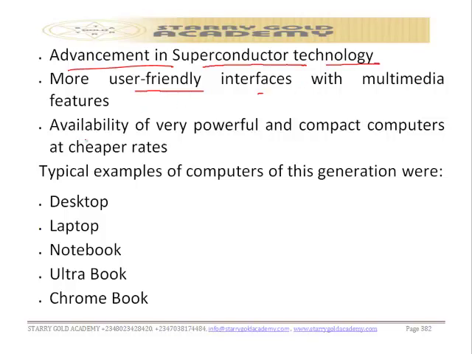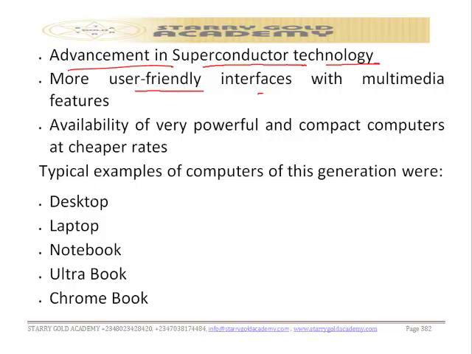Okay, and they have availability of very powerful and compact computers. Okay, they are very powerful and they are cheap. Let me say they are cheaper, okay, compared to other computers. Right?